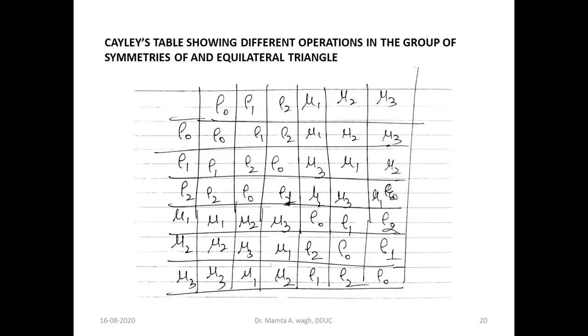So finally we can say this forms a group, and this is called the group of symmetries of an equilateral triangle. And like we saw the group of symmetries of a square, that structure is called a dihedral group.